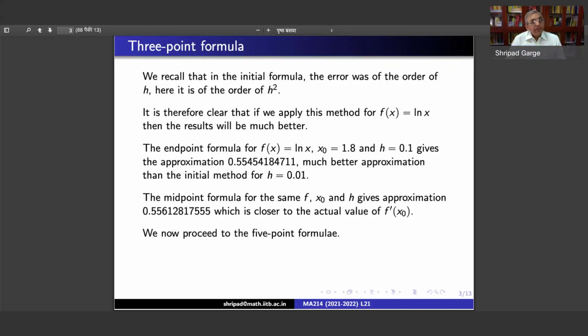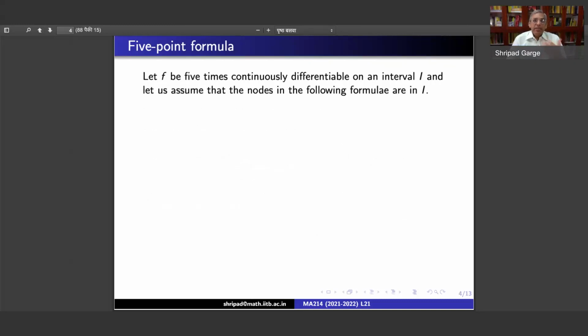Now we go to the 5-point formulae, and I will not derive them completely, but I will just state the formulae. The derivation can also be done once you use the interpolating polynomial on 5 points. It will be a polynomial of degree at most 4, and then you take the derivatives appropriately and apply the values x equal to xj.